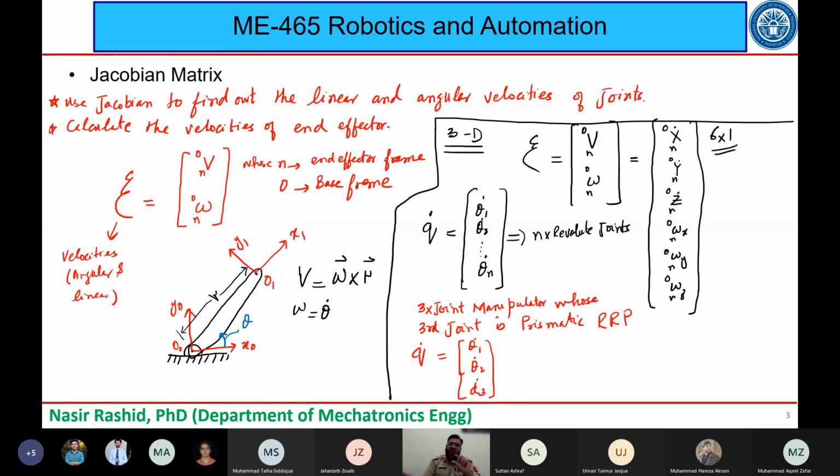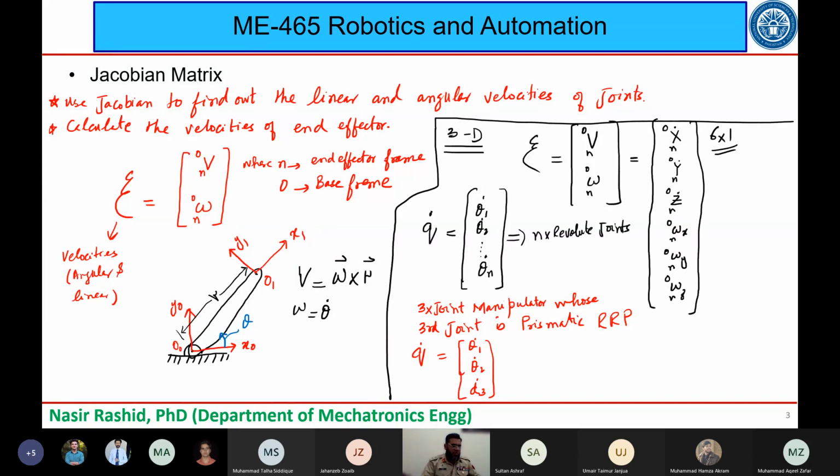One is chi, which gives us a vector that tells us about the linear and angular velocities of the end effector with respect to the base frame. And we have also introduced the term Q dot, which gives us the velocities, the angular velocities of the joints.